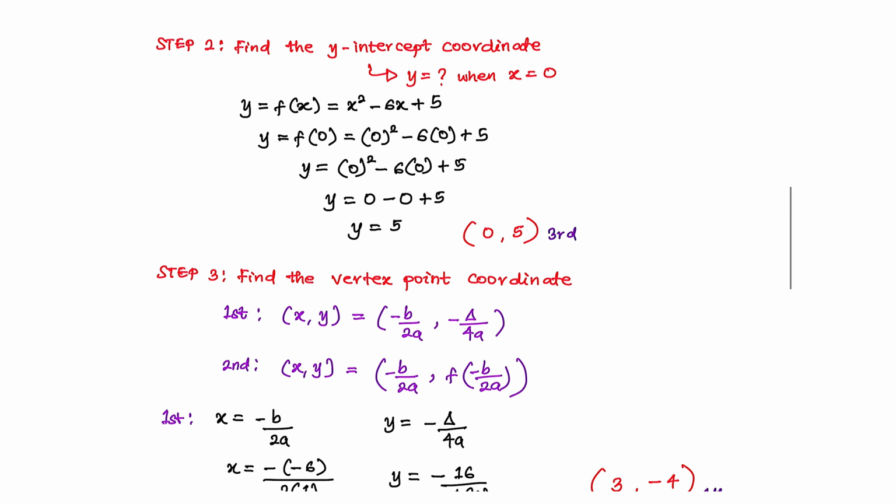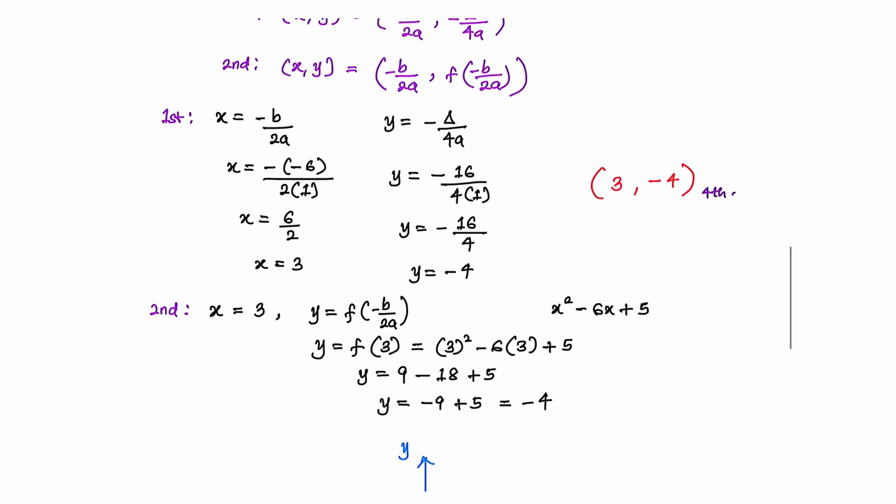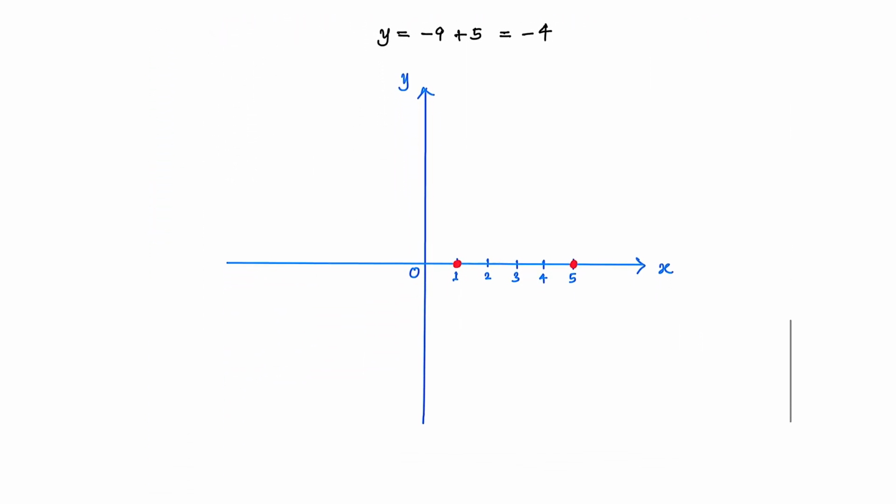The third point, which we got from the y-intercept, is 0, 5. That means the value of x is 0 and the value of y is 5. So let's scale 1, 2, 3, 4, 5.